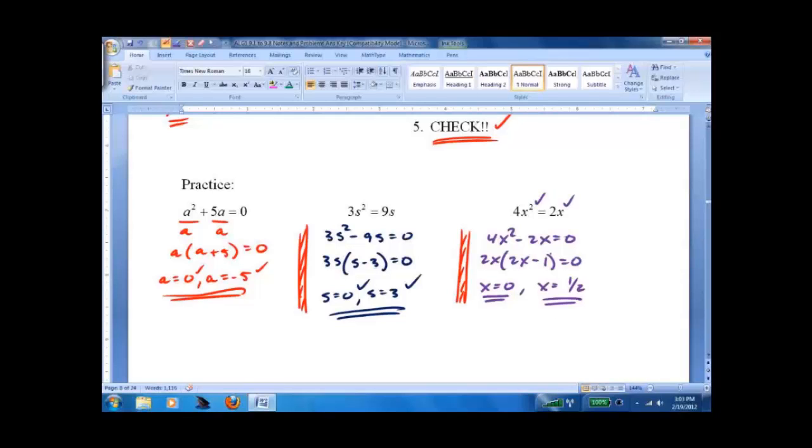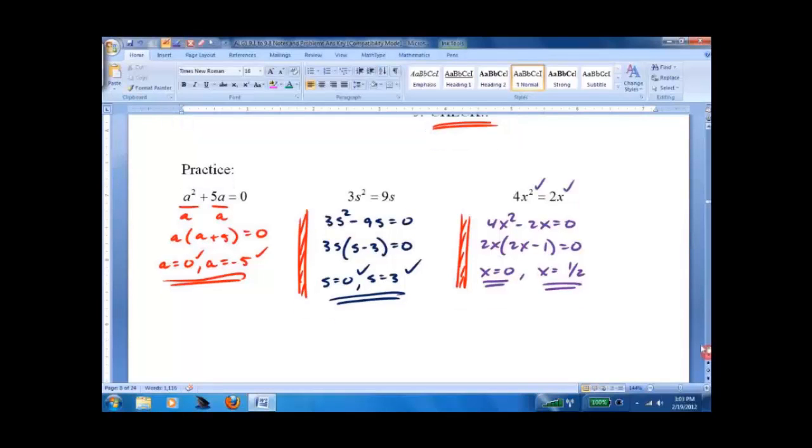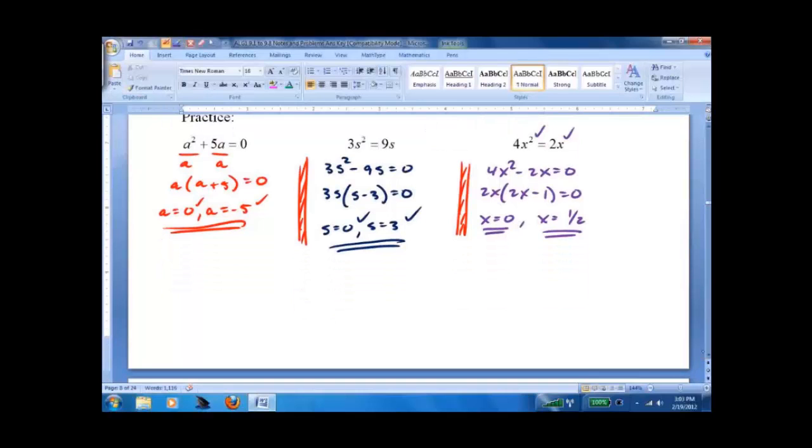Notice this one, the 1 here, often causes lots of problems. When you divide by 2x, all you're left with is 1, and then don't forget the negative out front. Again, just need to practice. That's it. Good luck.